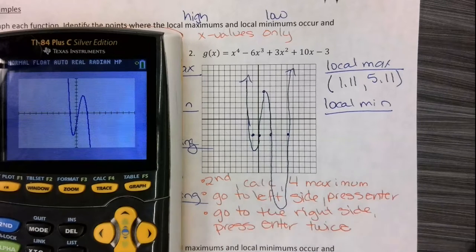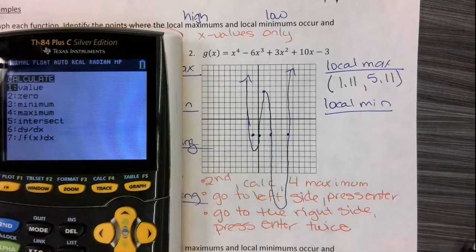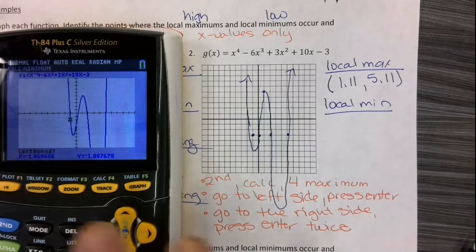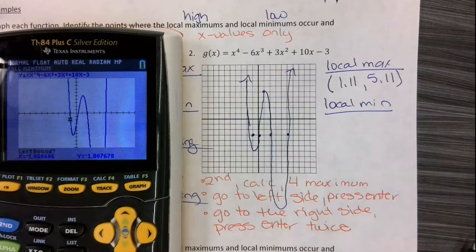Okay. So to find my minimum, what do I want to do? And then what? Why am I pressing 3 this time and not 4? 3 for minimum. 3 for minimum. Then what? Now that I'm left, what do I do?